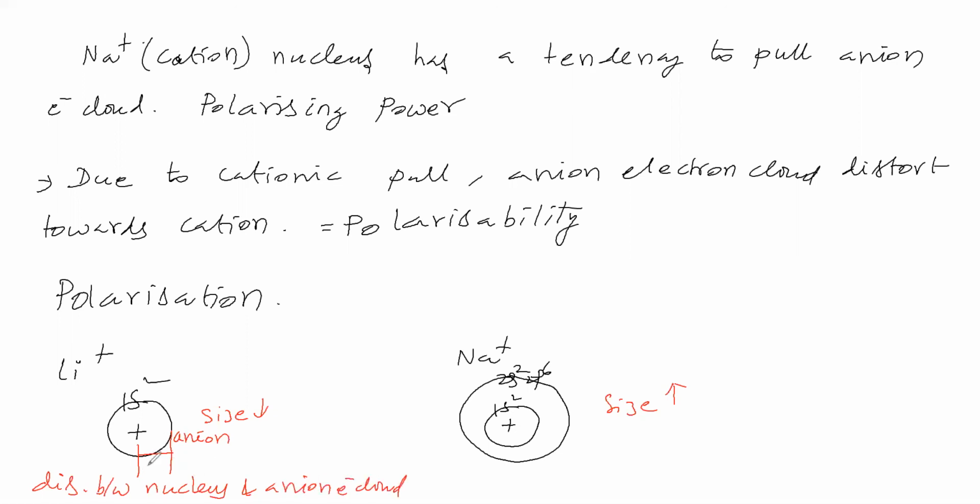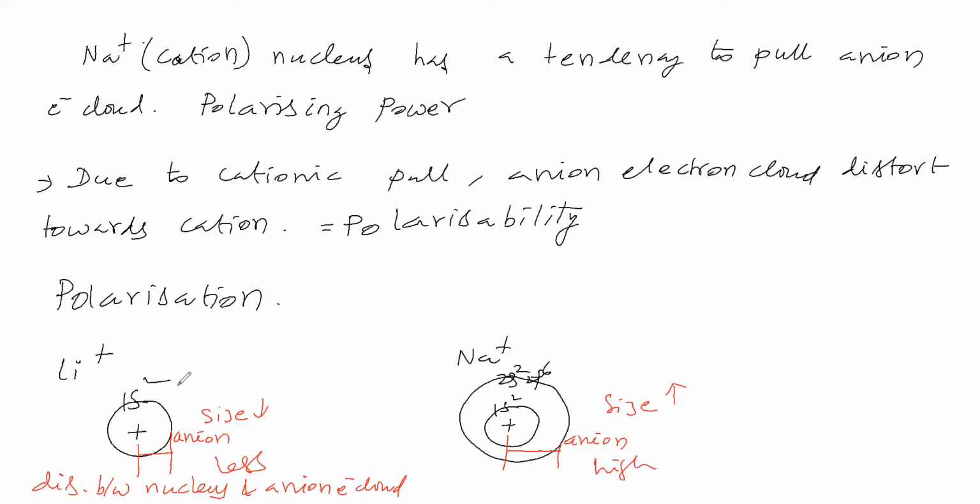For lithium the distance is this much; for sodium the distance is this much. So the distance between the nucleus and anion electron cloud is less for Li plus and high for Na plus.